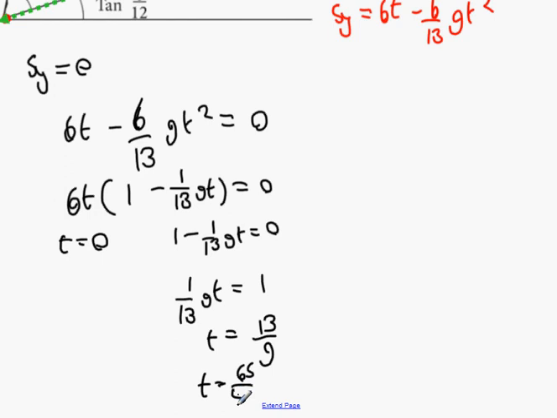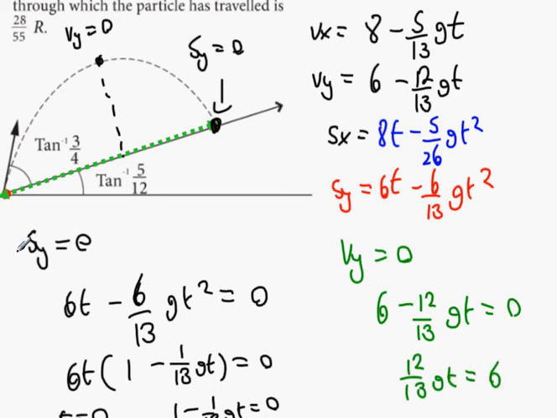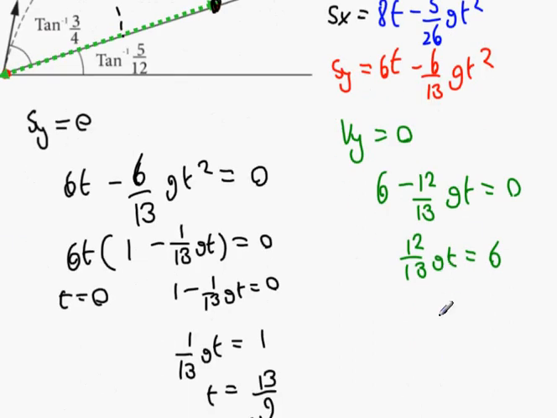Happy enough with that? Now, let's check that this still works for inclined planes, alright? Remember we said phi y equals 0? So phi y equals 0 is what, guys? 6 minus 12 over 13 gt equals 0. Bring the 6 over here, so 12 over 13 gt equals 6. T equals, what's this going to be?